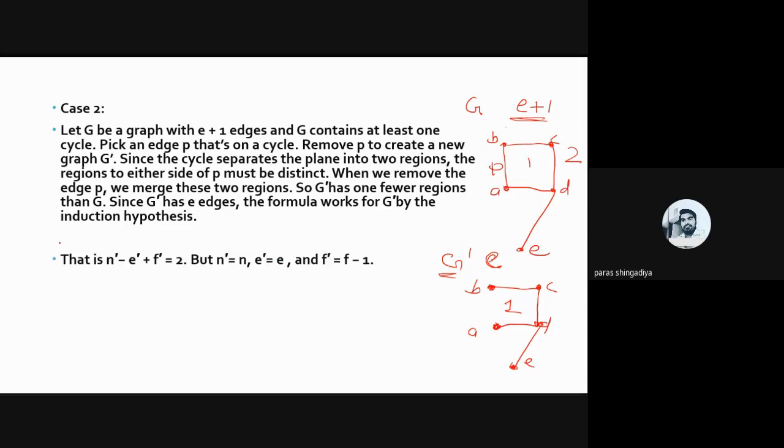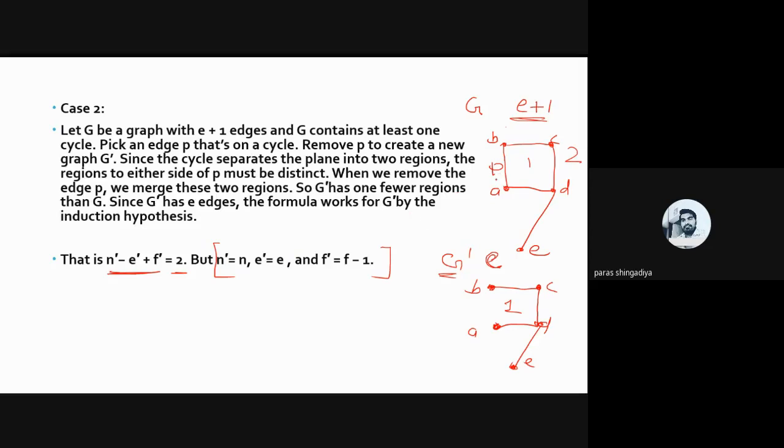Here we use new notation for the formula: n dash minus e dash plus f dash is equal to 2. Now we derive the relations between the two graphs: the vertex relation, edges relation, and faces relation. As we know, both contain the same number of vertices, because we have not deleted any vertex here. So n dash is equal to n, e dash is equal to e. Why is it the same?